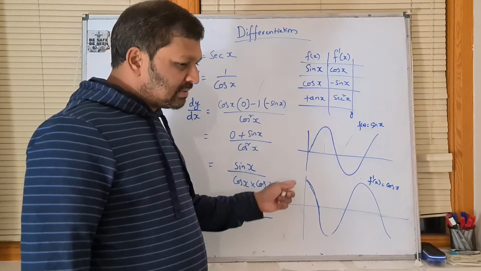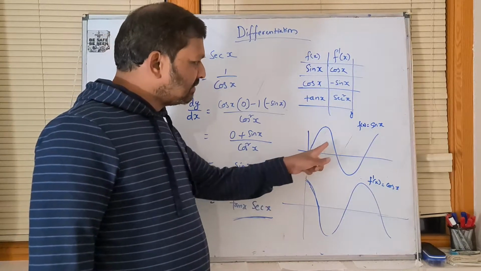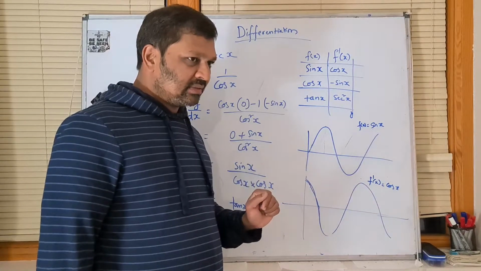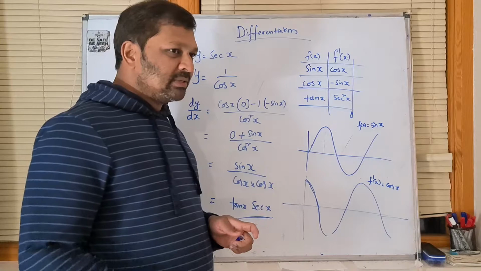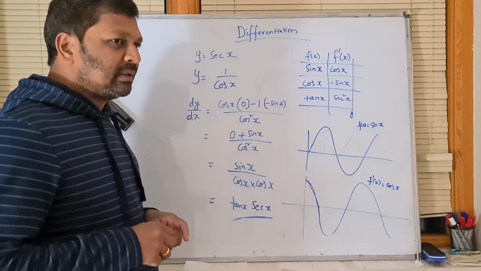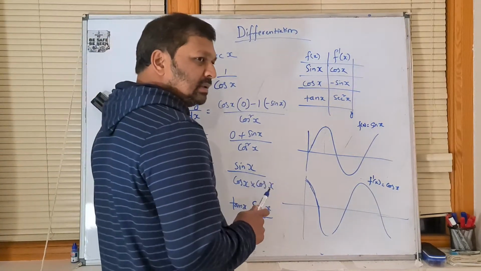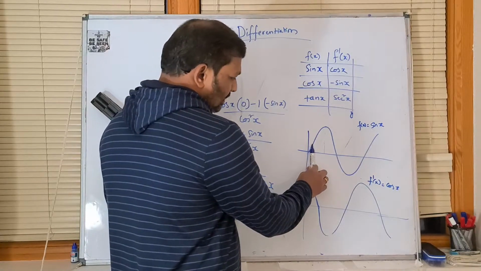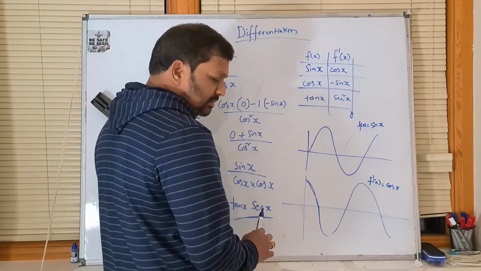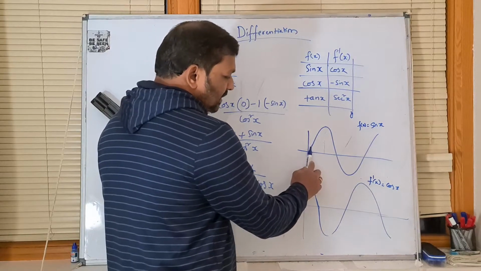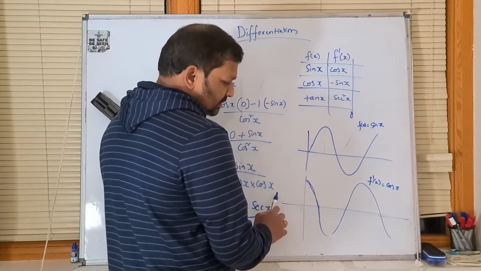Can you explain again why we got a cos x? Sin x differentiation, can you justify it? It is the slope. The slope is high when it starts, and then as it goes down, it decreases. Oh, I'm talking about the cos one.